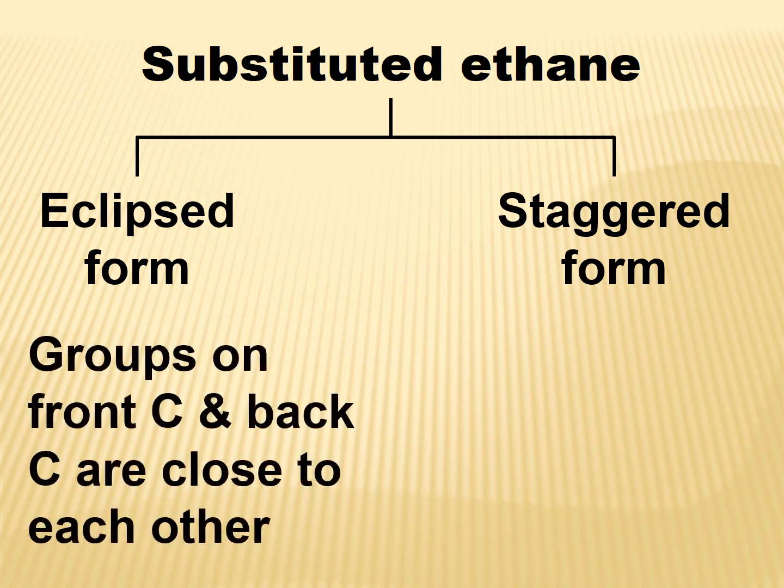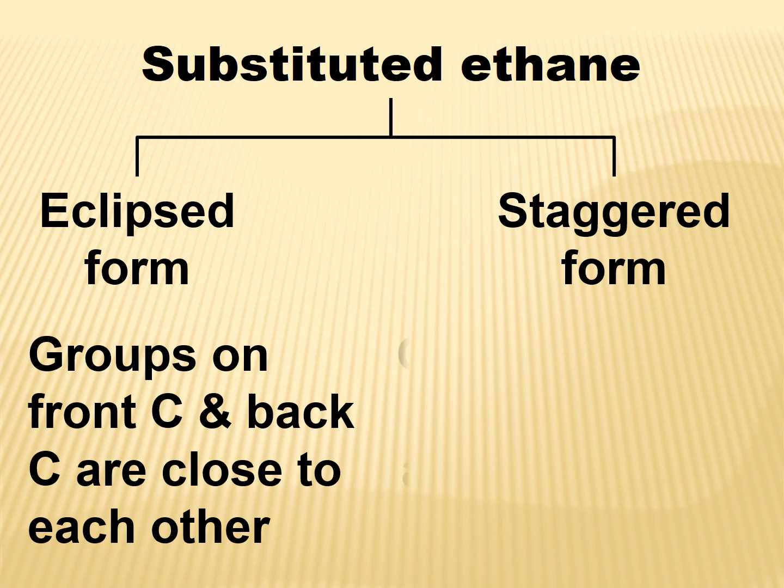In the eclipsed form, the groups on the front carbon and the back carbon are eclipsed. Eclipsed means one coming in front of the other. So these groups are very close to each other, or they are the closest to each other in this structure.